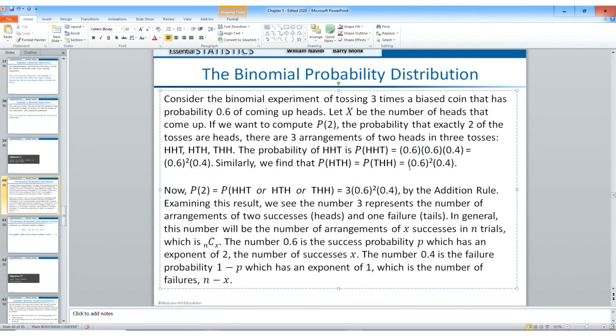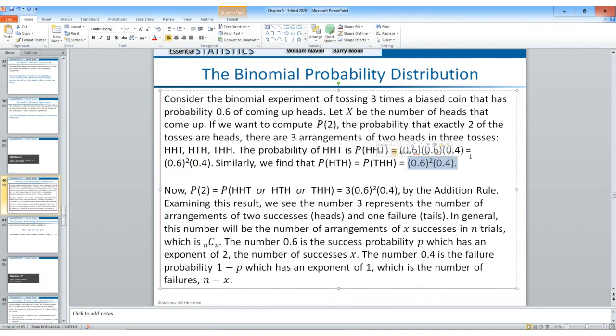Now, the other 2 are essentially the same thing. No matter the arrangement, you're still going to have 2 0.6s in there, whether the 0.6s come first and second, or first and third, or second and third. So both of the other 2 could be written in that same way. There are 3 different ways that can happen.